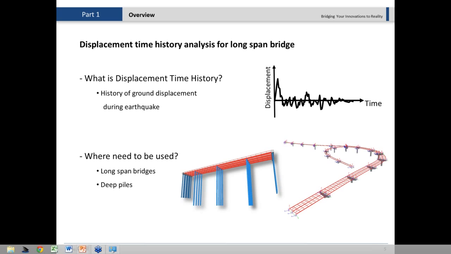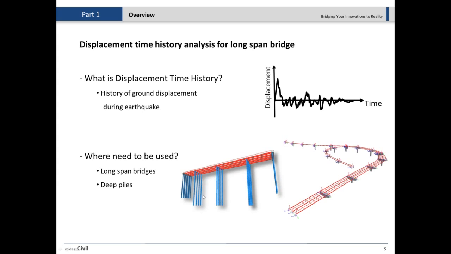When do we need to use this type of displacement time history analysis? You're normally not going to use it for regular, conventional or highway bridges, but it's mostly used when you have a long bridge, or something similar to the bridge you see here, with deep piles.